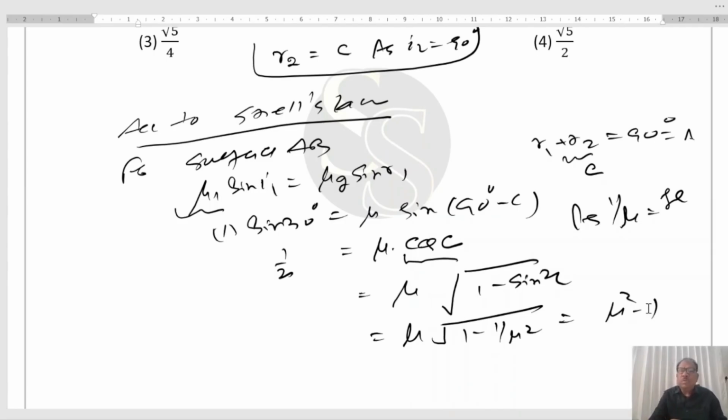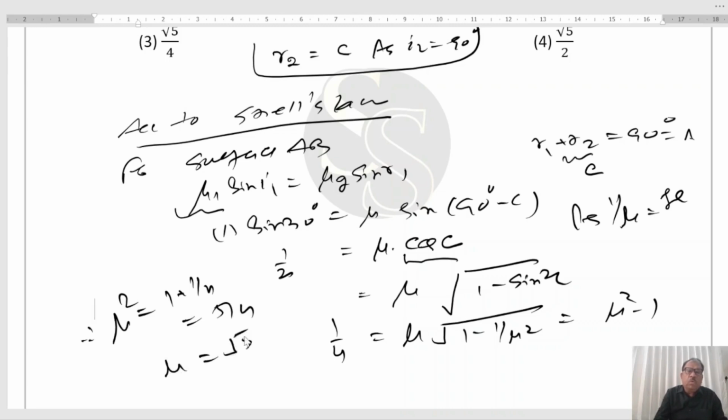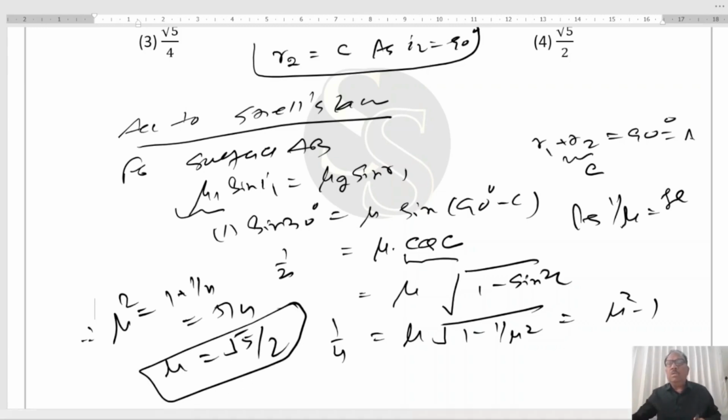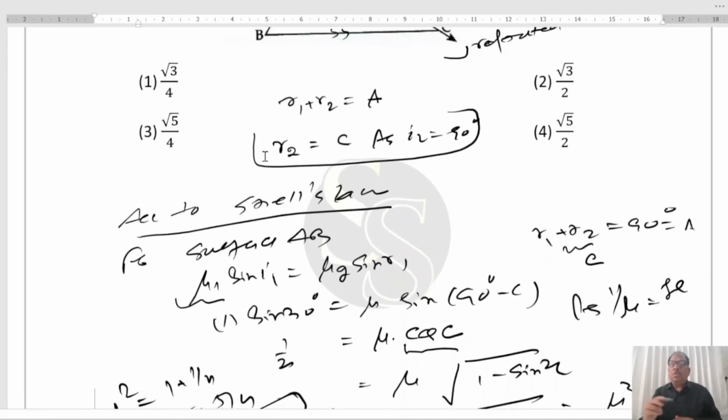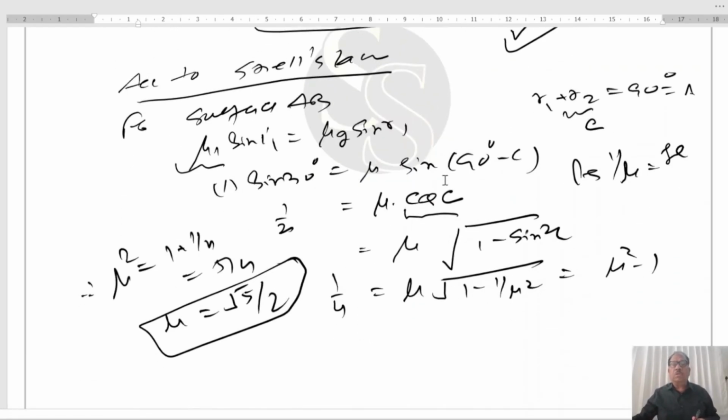Mu square minus 1 equal to 1 by 4. So mu square comes out to be 1 plus 1 by 4, that is 5 by 4. Mu comes out to be root 5 by 2. This is the answer. Option 4 is correct in this one. I will explain other things also in this case.